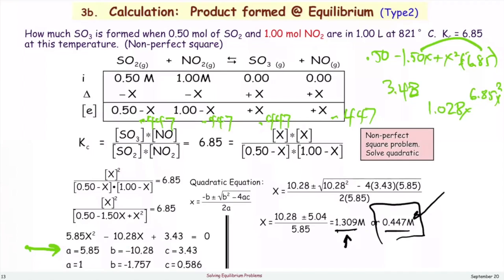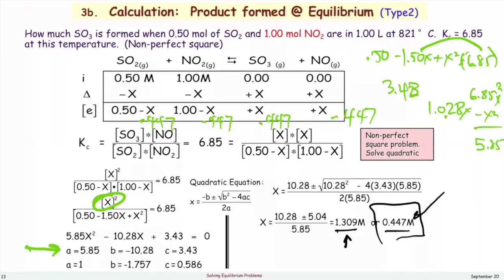You take the x squared on top, so you subtract that from 6.85, and that becomes 5.85. This is actually 10.28.